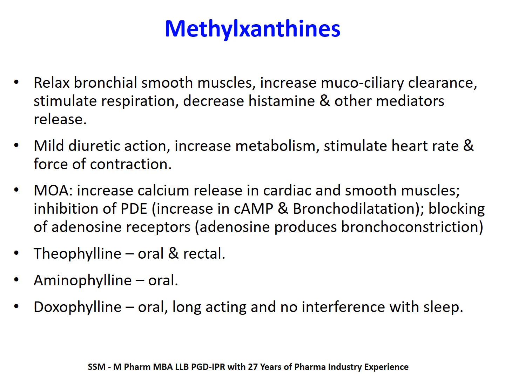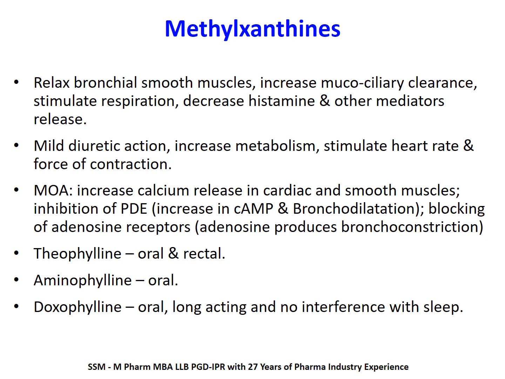Mechanism of action involves increase of calcium release in cardiac and smooth muscles, and inhibition of phosphodiesterase, which increases cyclic AMP and produces bronchodilation. Next mechanism is blocking of adenosine receptors, thereby preventing action of adenosine.